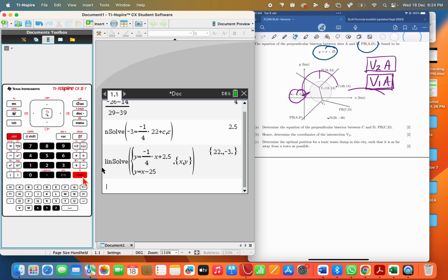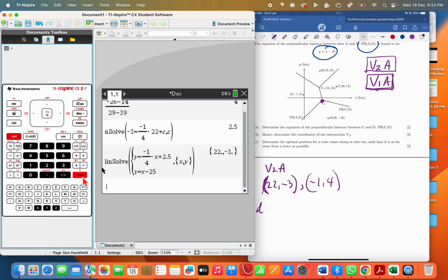This time I won't transfer the distance formula because we kind of know what it is, hopefully, but what we will do is down here for V2A, we will definitely write down the coordinates that we're working with. V2 was 22, -3, and A is listed at -1, 4.